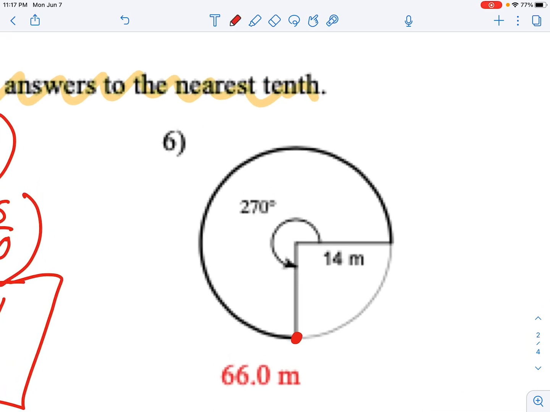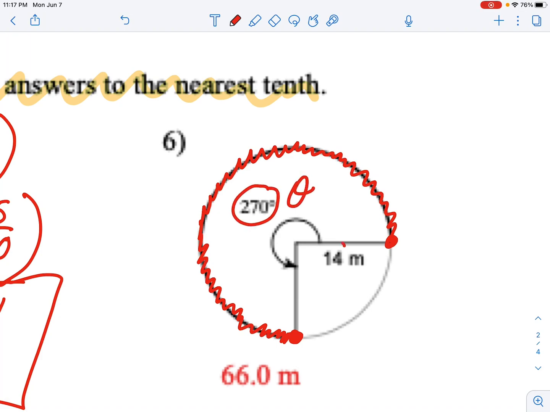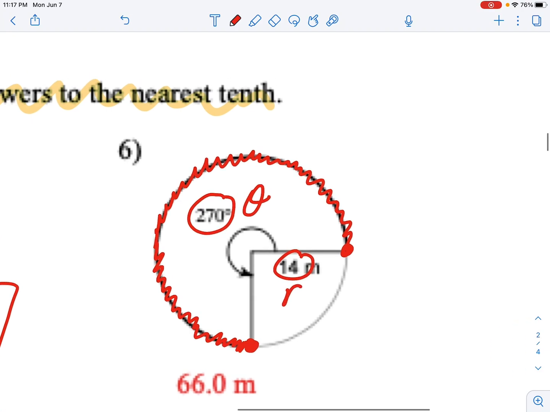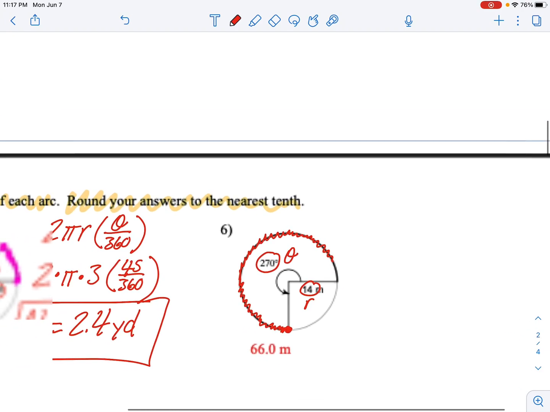So, another one. Let us find this arc length here. This one's a little more obvious, the dark arc here. So this is a major arc. And again, we have our theta and we have our r.